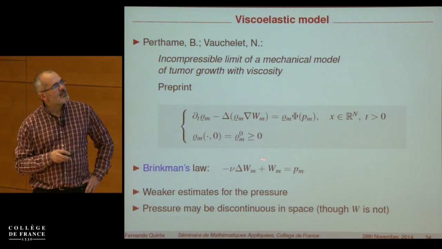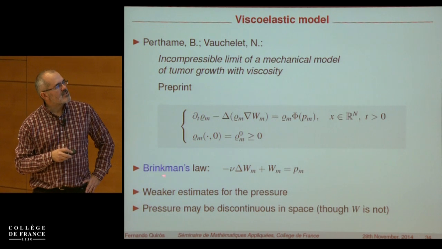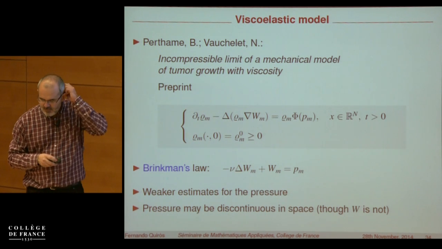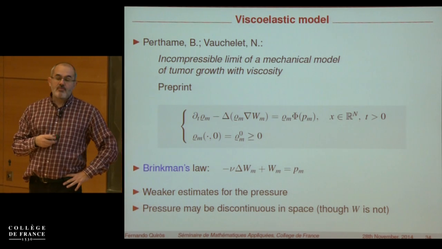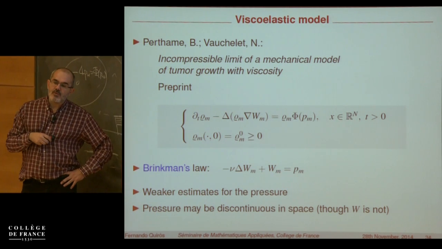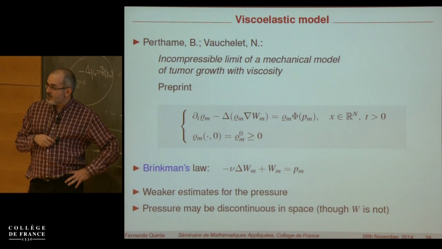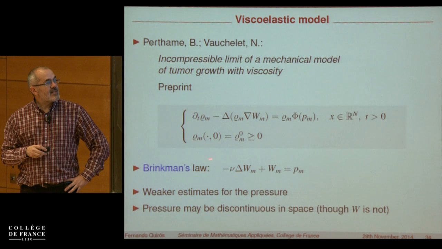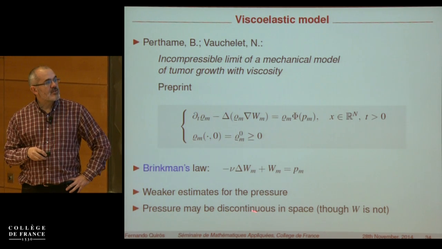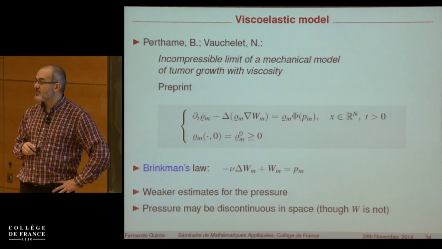The potential is obtained by solving this equation. This is called Brinkman's law. And if I understood it well, you have weaker estimates for the pressure, so it is more difficult to obtain a strong convergence for the pressure. The nice thing about this model is that the pressure may be discontinuous in space, though W is not.